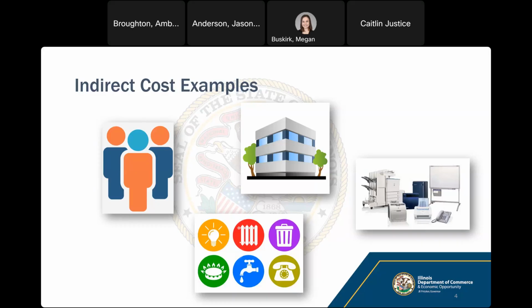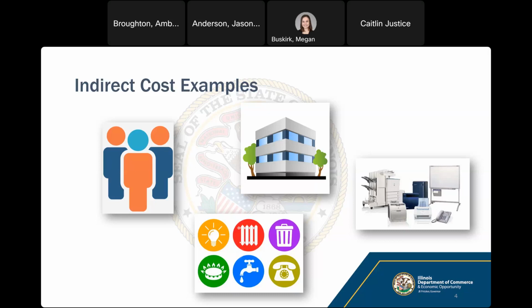So grantees may encounter indirect costs as the depreciation of buildings or equipment necessary for the grant program. Other indirect costs could include general administration or other expenses such as salaries for administrative staff, accounting, and personnel administration like human resources.